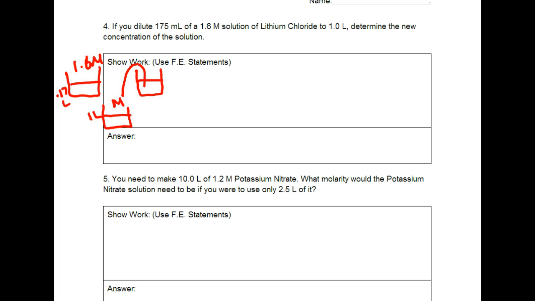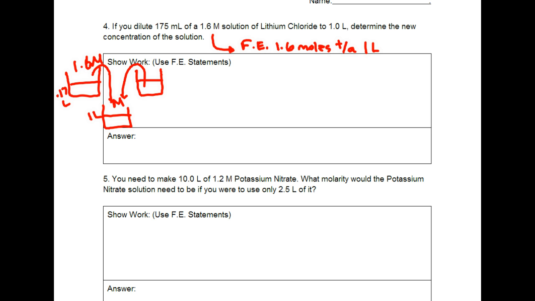So we're pouring in enough water to make it up to 1 liter, and we're pouring in all of the 1.6 molar solution. As soon as you see the 1.6 molar, the first thing we do is write a for every statement. For every 1.6 moles, there is 1 liter.